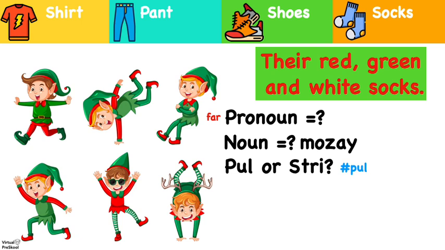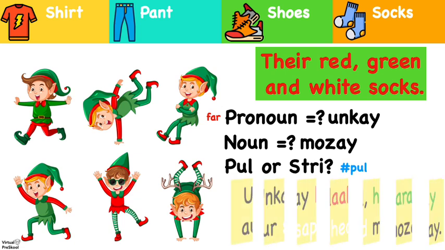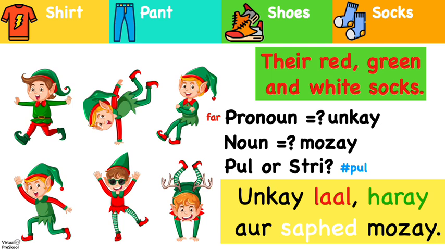So that's your hint to know if we're going to use uska, uski, uske, or unka, unki, unke. For this one, we're going to use unke. So now put the sentence together. Unke lal, hare, or safed mozay.